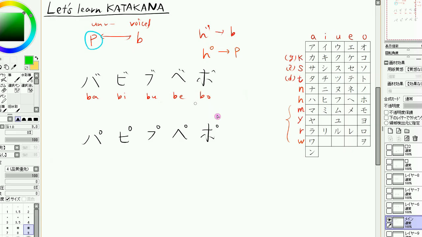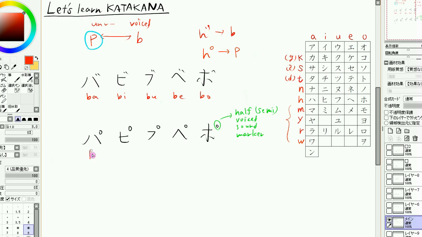And this marker is called, for some reason, half voiced sound marker, or semi voiced sound marker. Well, P is a completely unvoiced sound, so no way it's half or semi, but that's what we call it. In Japanese, we call it handakuten, which literally means half voiced sound marker.